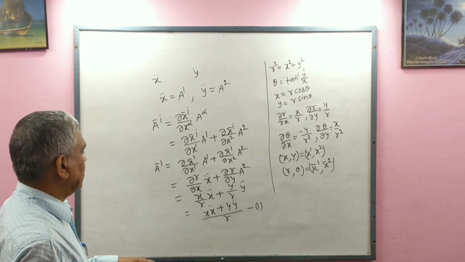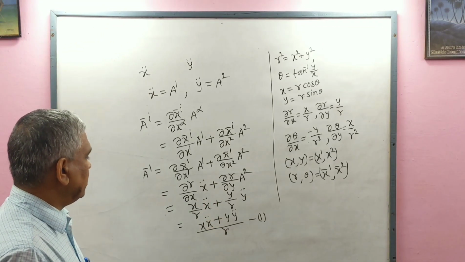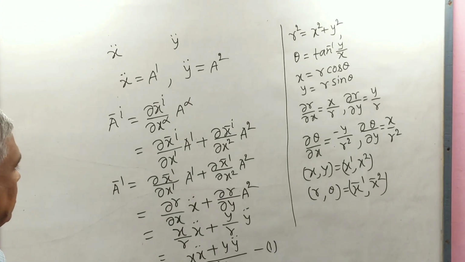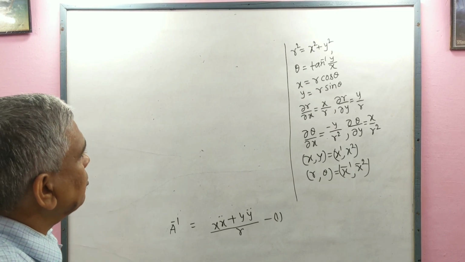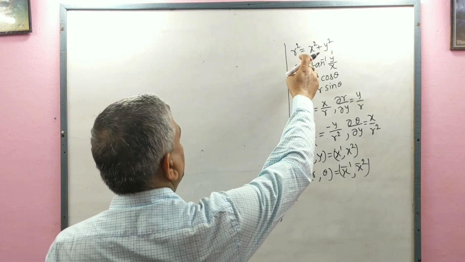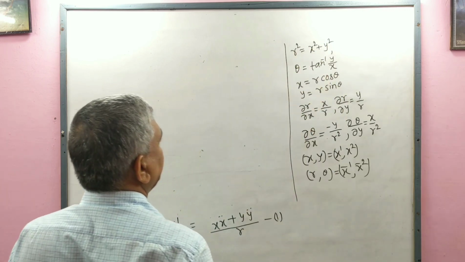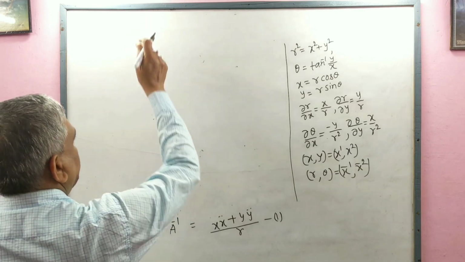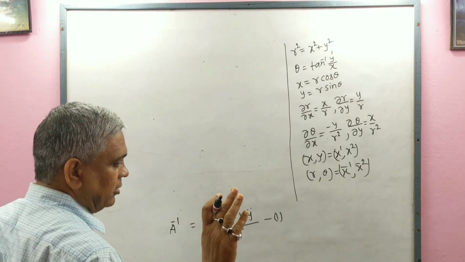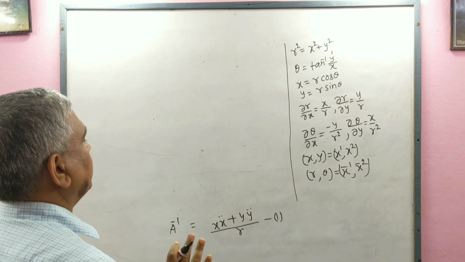Now we have to find the value of this expression in equation number 1. So we differentiate the equation r square equals x square plus y square on both sides with respect to t. dr by dt is r dot, d2r by dt square is r double dot.